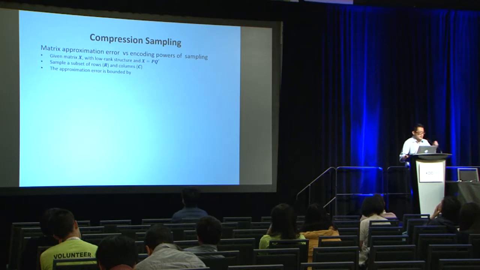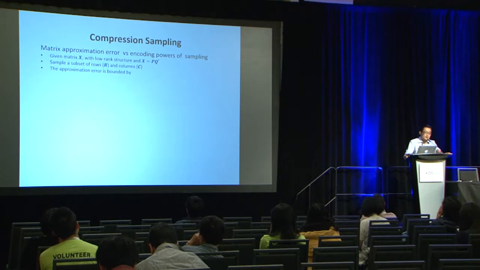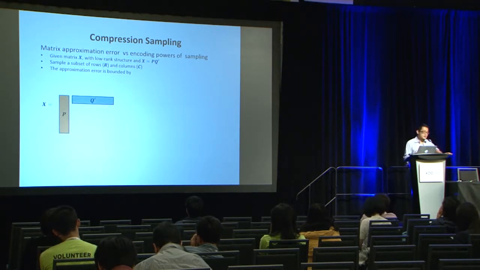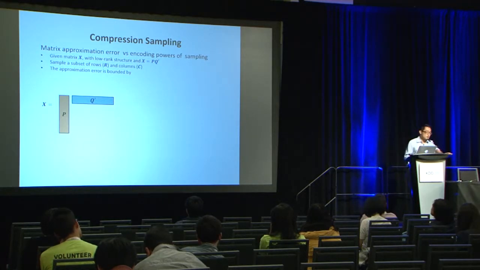The most important idea of our approach is compression sampling, which is based on a very interesting underlying connection between matrix low-rank approximation and data encoding. Suppose we're given a matrix X, and for the sake of argument, we assume an exact decomposition for the moment, P and Q prime. They might not be low rank.